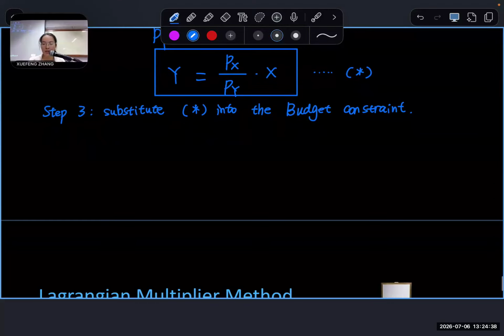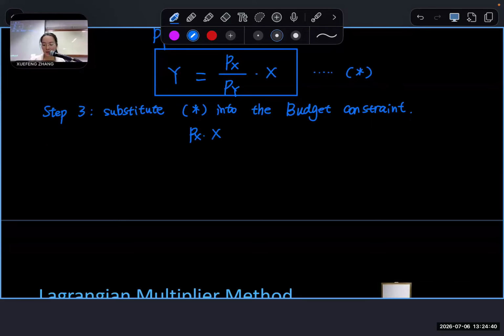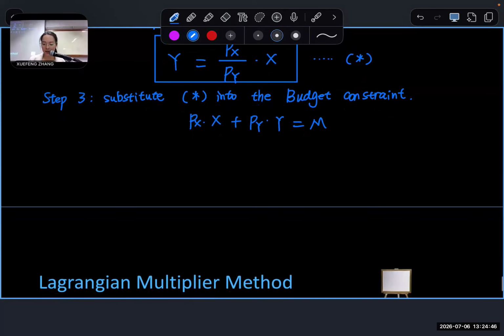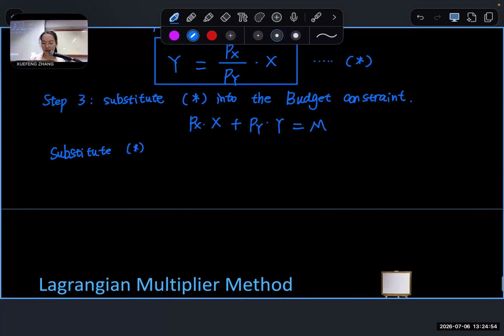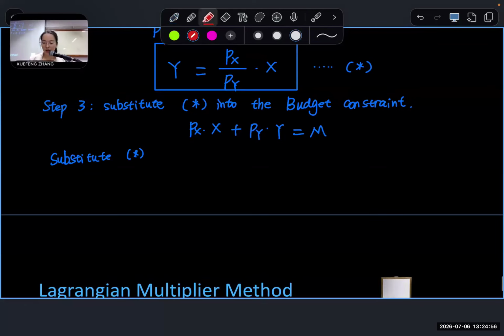What is our budget constraint? Px times x plus Py times y equals income. Okay, we substitute. What is the star here? Star here is y, right? So basically, we substitute y here.